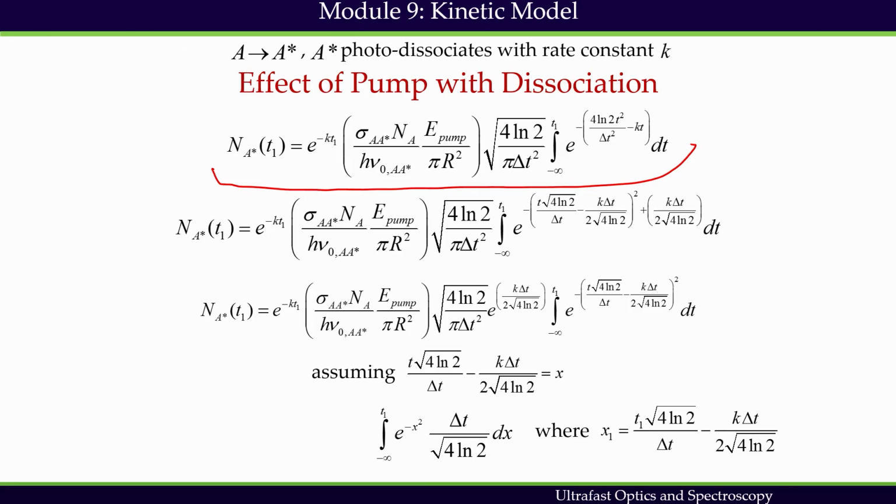and a little bit of rearrangement, this 4 ln 2 t square divided by delta t square minus kt.